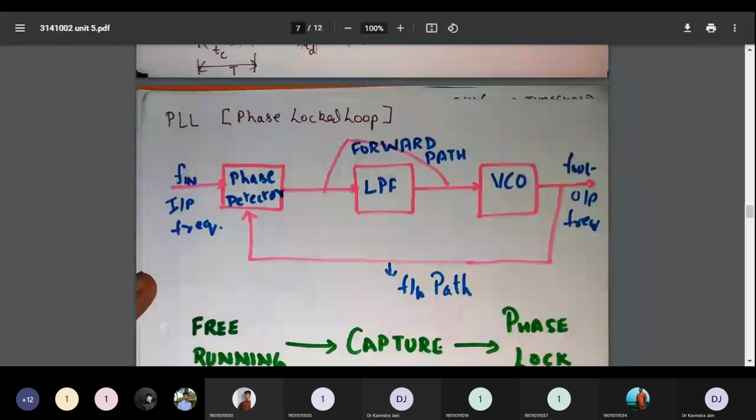The output of the phase detector is directly proportional to the phase difference between F in and F out.